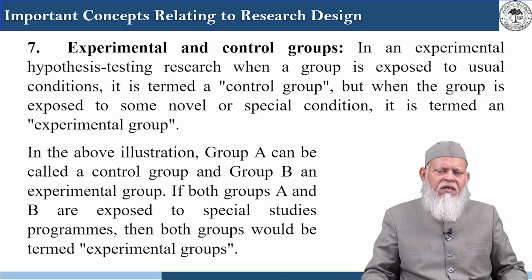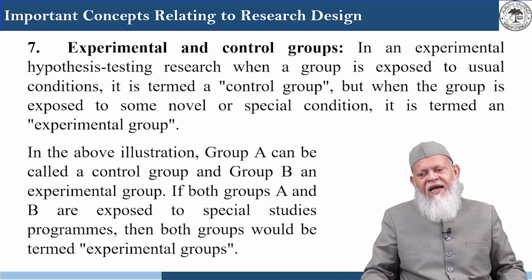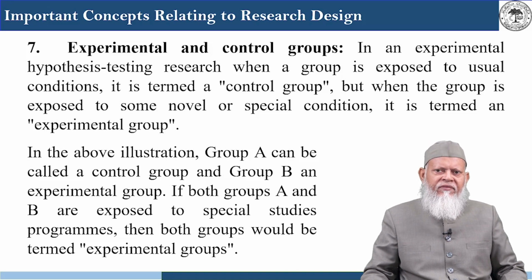That is called the control group. Whereas in another group, along with the normal coaching, they were given special coaching. So this is called the experimental group, where the treatment is being given.